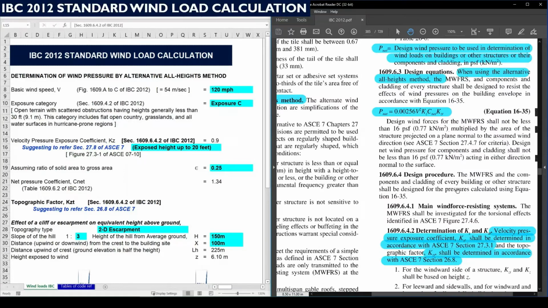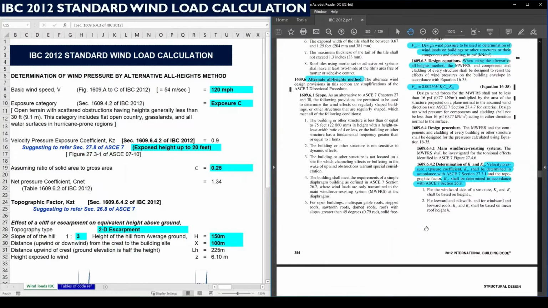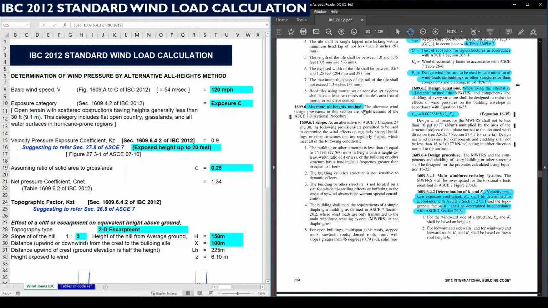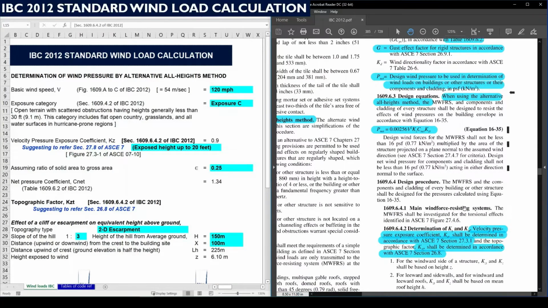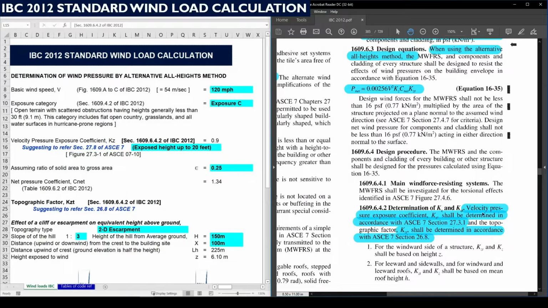So in the PDF file, you can see section 1609.6.4.2: the velocity pressure exposure coefficient Kz shall be determined in accordance with ASCE 7 section 27.3.1. So it is suggesting to go to section 27.3.1 of ASCE 7.